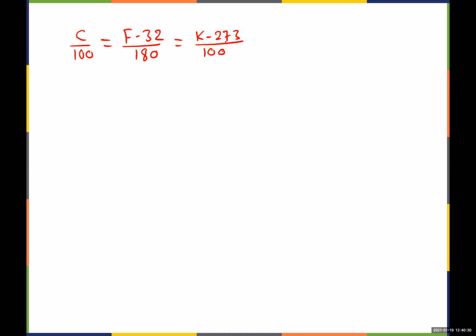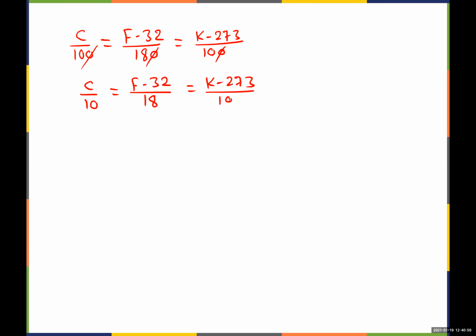So we can cancel the zeros, and we are left with C over 10 equals F minus 32 over 18 equals K minus 273 over 10.